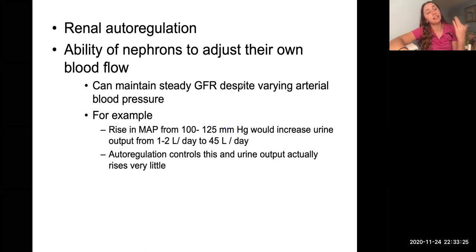Now, in cases of chronic high blood pressure or hypertension, the autoregulation starts to stop, and over time your nephrons and glomerulus get damaged, and it can also cause renal failure.